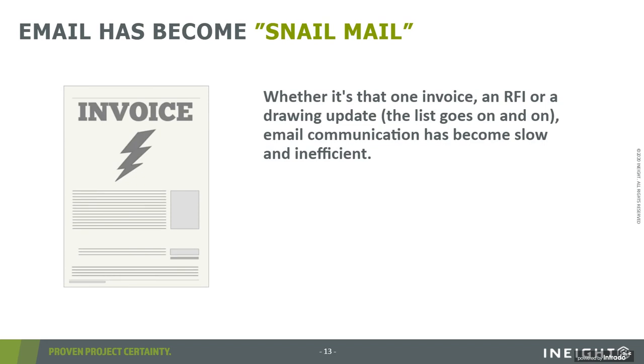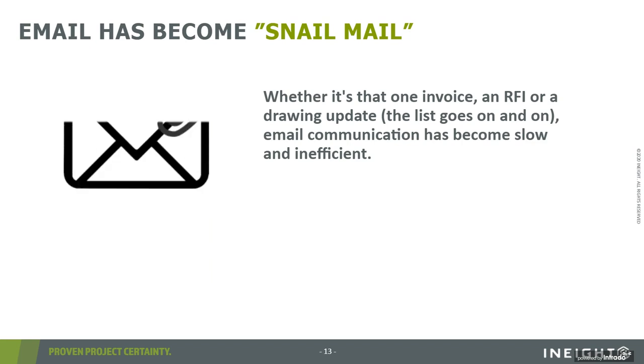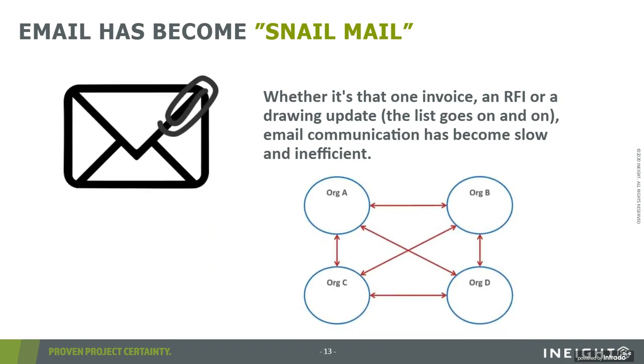Because what happens is, whether it's that invoice, or it's an RFI, or a drawing update, or a change request, or whatever type of communication might need to happen on the project, attaching that to an email, and then trying to make sure that it gets to every single stakeholder that is relevant, becomes slow and inefficient.